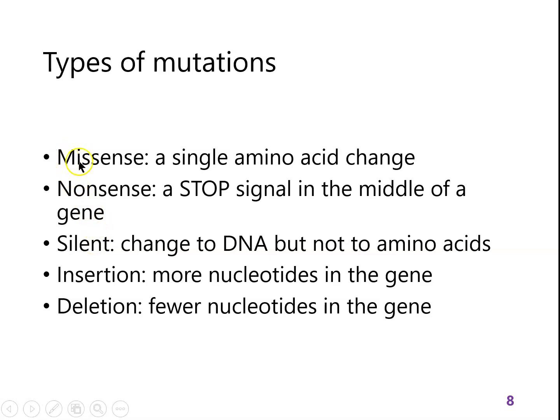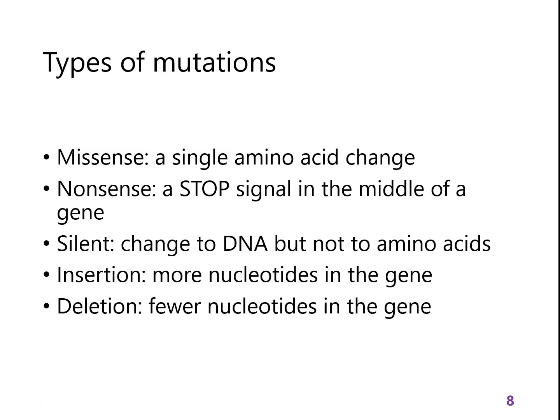The sort of mutation I showed you a few slides back was a missense mutation, where the amino acid changes because of the mutation. And there's a really severe type of mutation where a stop signal happens, where the mutation changes from an amino acid to a stop signal.